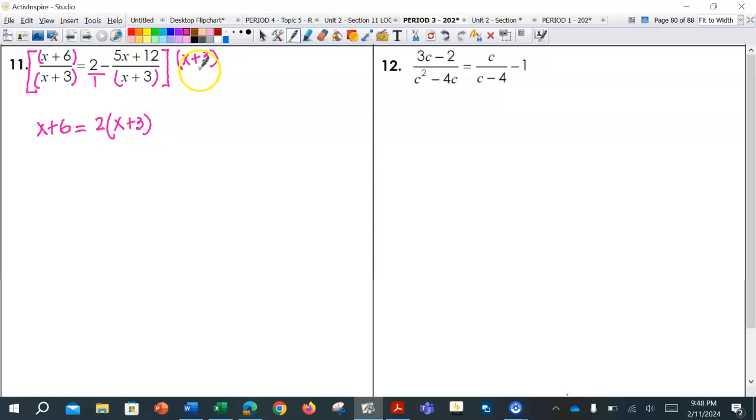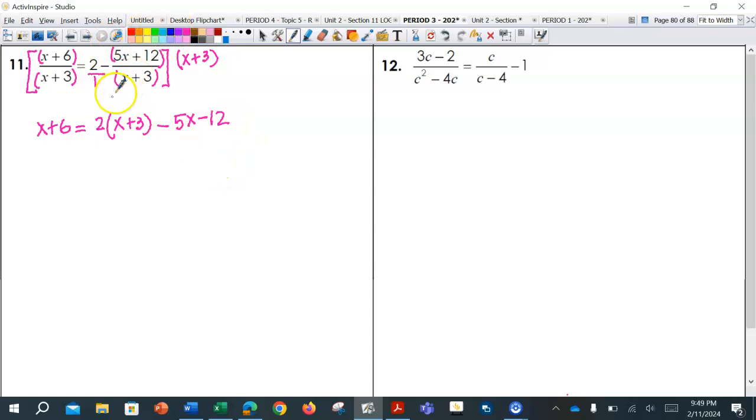And then we have to multiply the quantity x plus 3 times the quantity 5x plus 12, right? This is between parentheses. So the denominator cancels with the greatest common factor. So we end up with, be careful here, that negative distributes to both terms inside the binomial, minus 5x minus 12, right?